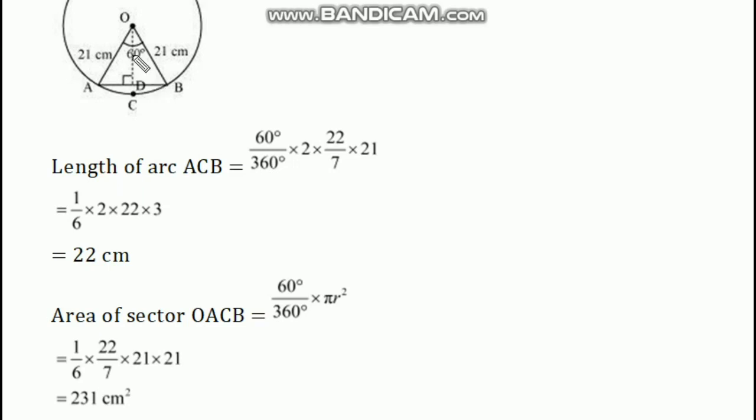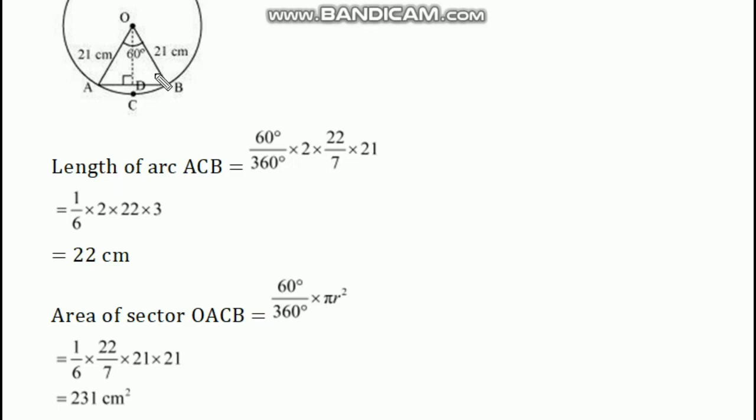So this angle is 60 degrees. We know that the sum of angles of a triangle is 180 degrees, so the remaining angle is 120 degrees. The 120 degrees we can split into 60 and 60. So all the angles are 60 degrees, which means it is an equilateral triangle.